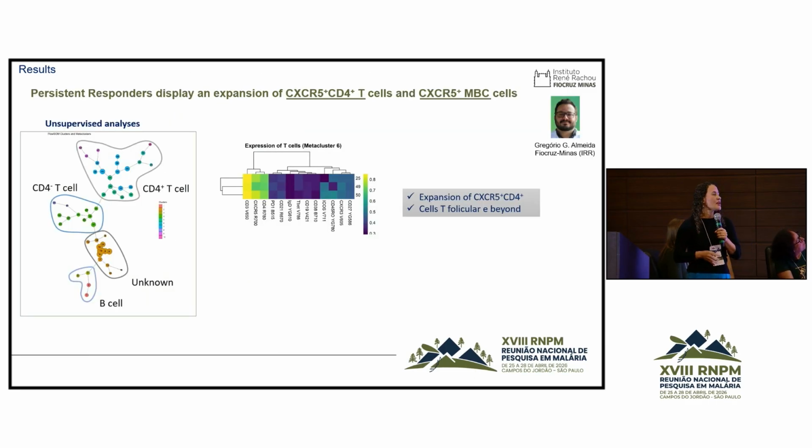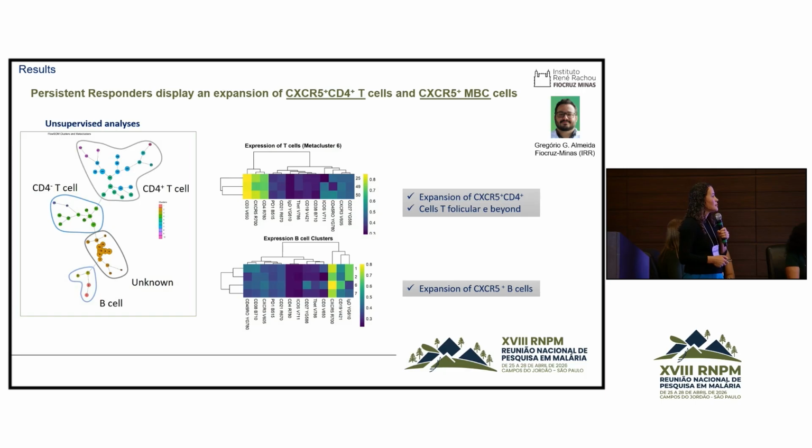We also had an unsupervised analysis of the samples with the collaboration of Dr. Gregorio from Fiocruz, Minas Gerais. And we may see in red that the CXCR5 positive cells were not the classic follicular cells, but other T types that should be investigated more.